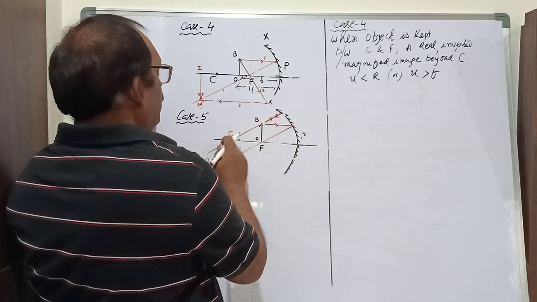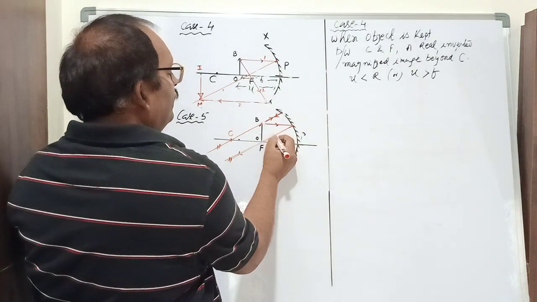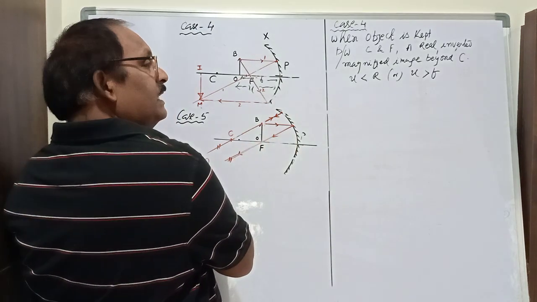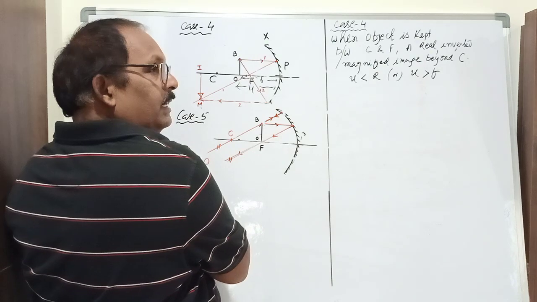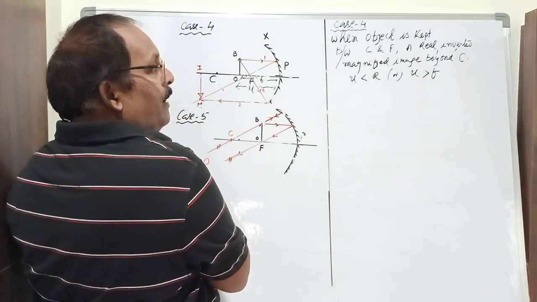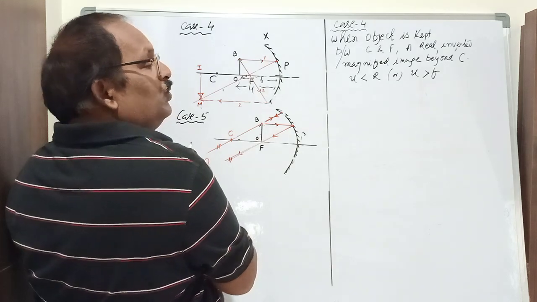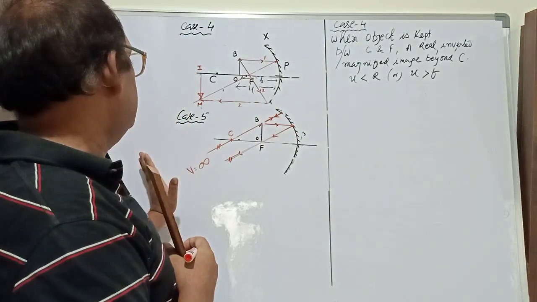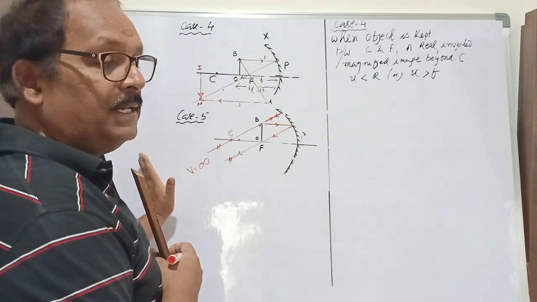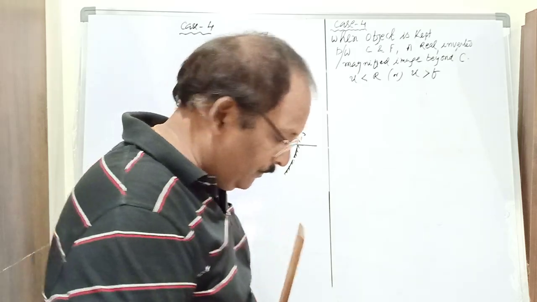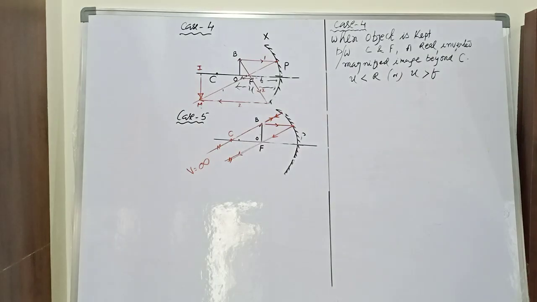So when a screen is kept at a large distance, we are able to see an inverted, real, magnified image, but of course its intensity will be small, because it is caught on the screen at a large distance. So please note down.